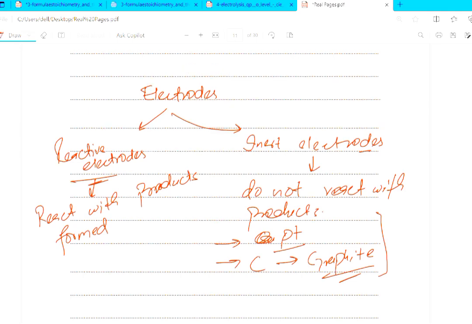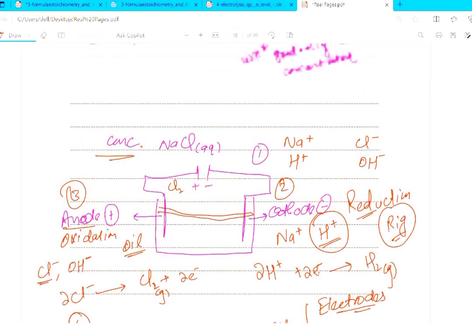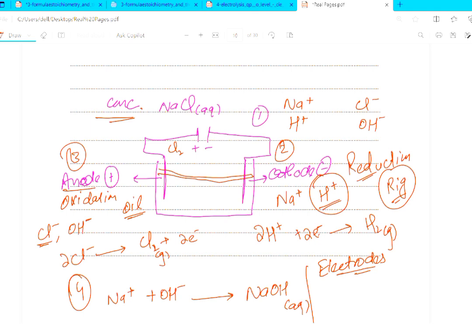So what we use over here, in case of concentrated NaCl, is carbon electrodes. You may think, how can carbon conduct electricity? Of course carbon cannot conduct electricity because it is a non-metal, but graphite has the ability to conduct electricity, so graphite is used over here.